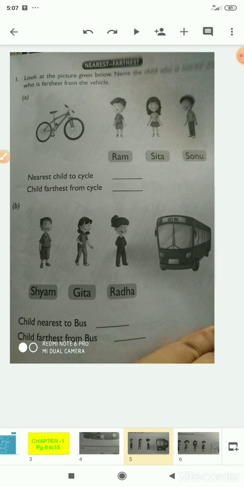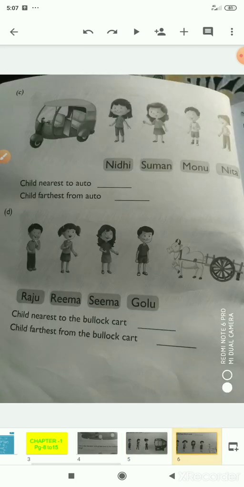Come to page number 10. In the same way we have to describe which child is standing nearest to the auto and which child is standing farthest from the auto. Here we have 4 children: Nidhi, Suman, Monu and Nita.